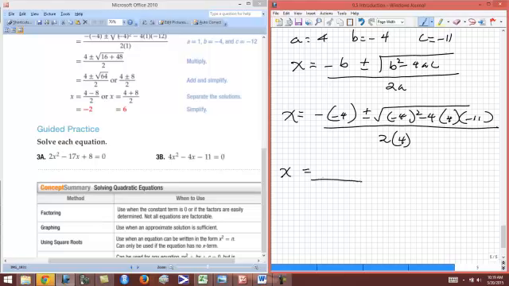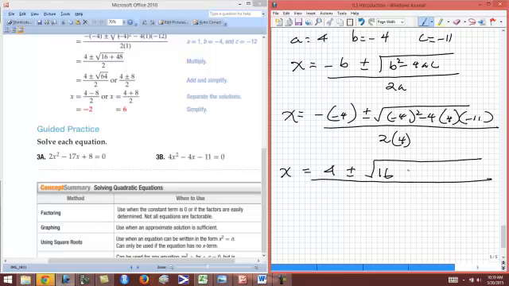x equals 4 plus or minus the square root of 16 plus 44 times 4, okay, which is 88. 88 times 2, which is what, 176.